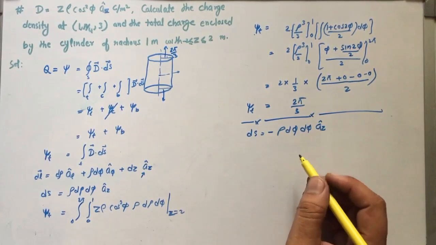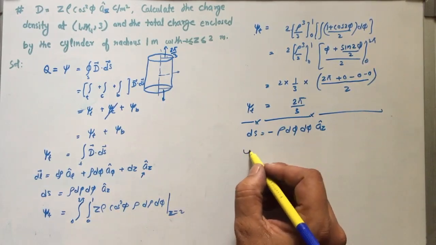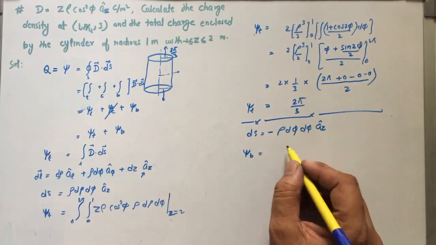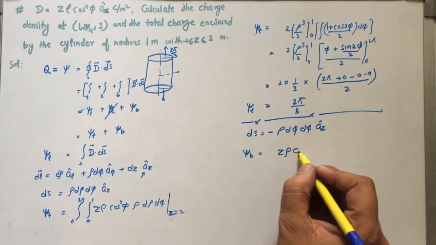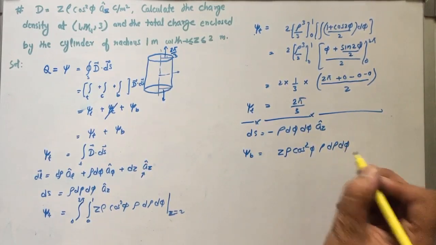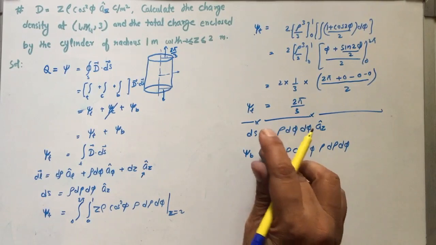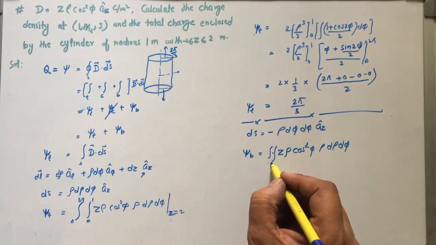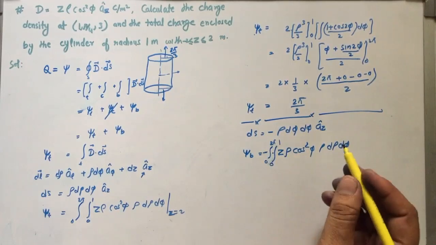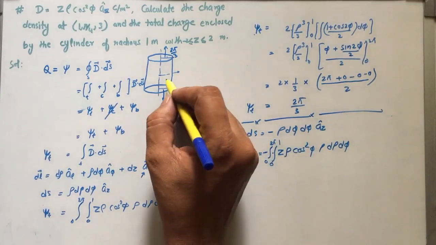And here if we put the value of this in phi b, then it will be z rho cos square phi rho d phi with a minus sign, integration of rho from 0 to 1, phi from 0 to 2 pi, minus with minus Az direction, and here the z value is minus 2.